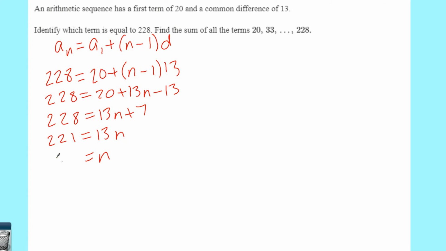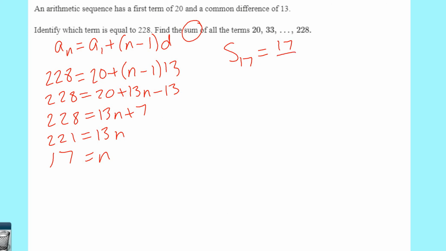Then divide by 13. What is that? 221 divided by 13 is 17. So it is the 17th term in location. So we want to find the sum of the first 17 terms.